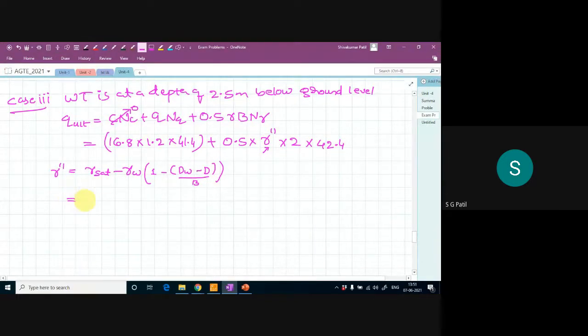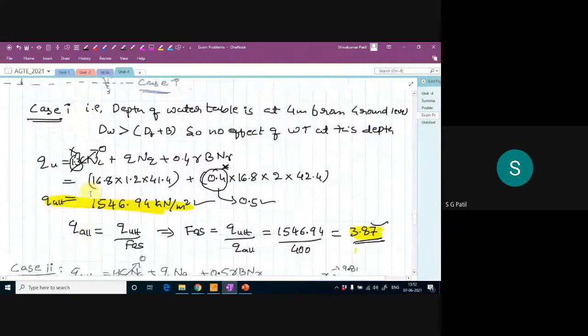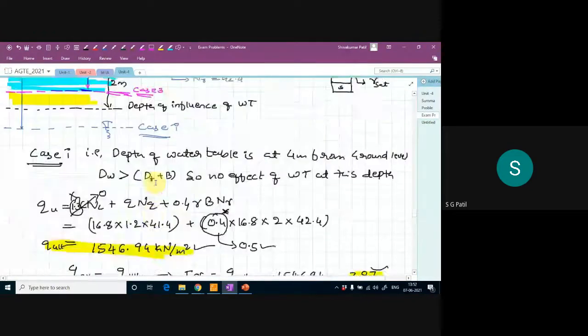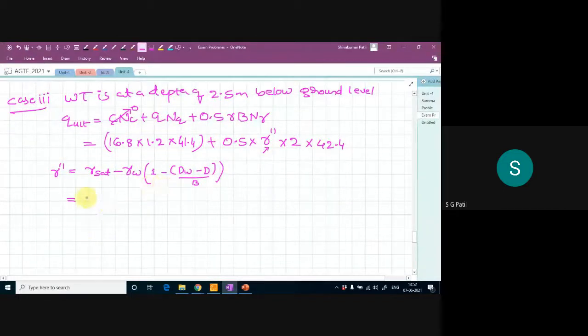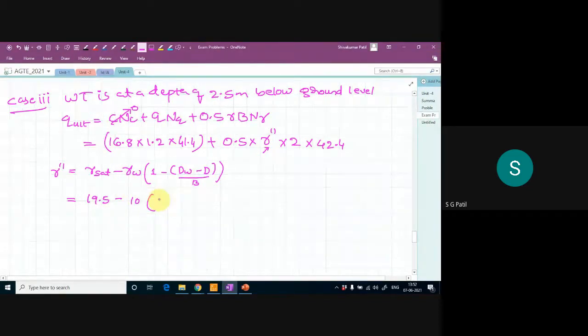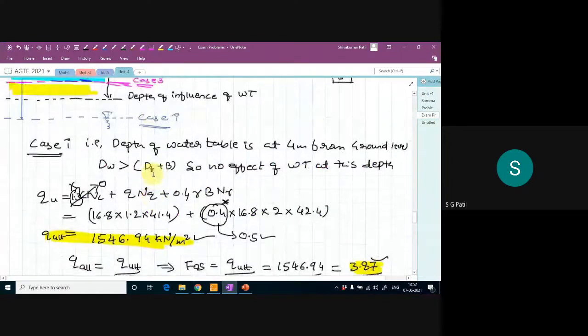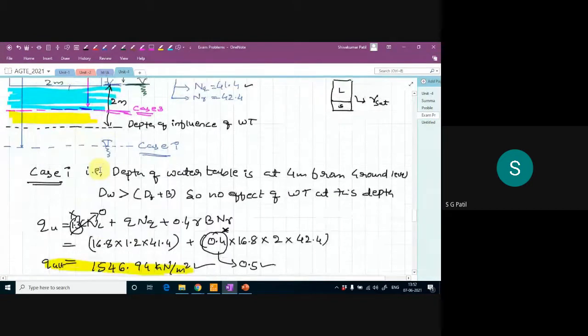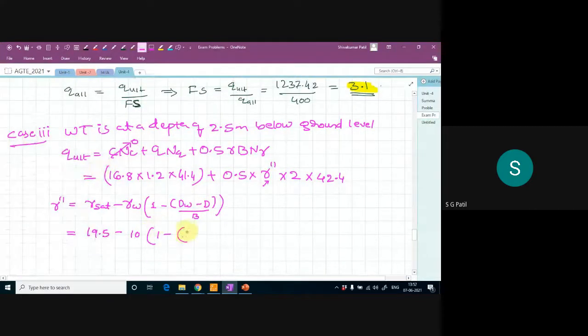So the saturated unit weight, how much is given? 19.5. Very good. So 19.5 minus, I will take the unit weight of water as 10, into 1 minus dw minus d. What is the depth of water table given in the third case? 2.5 meter. 2.5 minus depth of footing 1.2, yes.